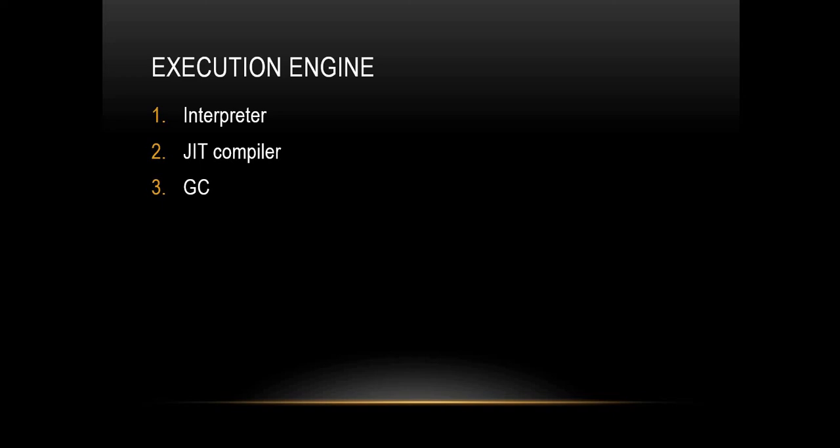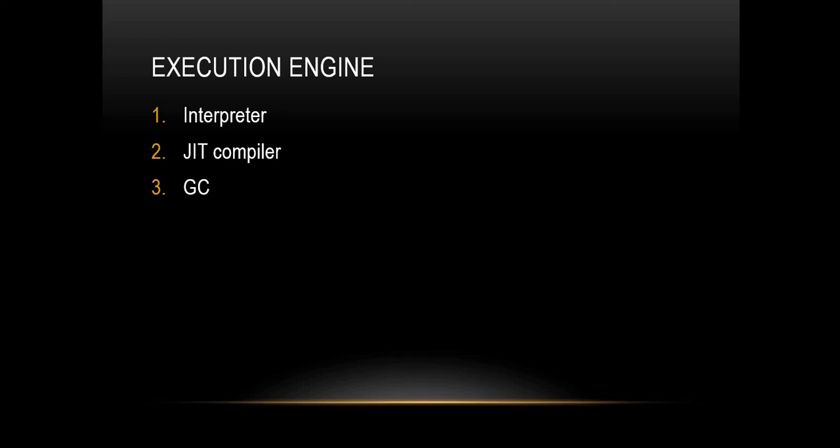So if you are running your application on Windows platform or your Linux platform, okay, so the bytecode will be same, but that same bytecode needs to be converted into machine code, and that machine code is specific to the platform, right?